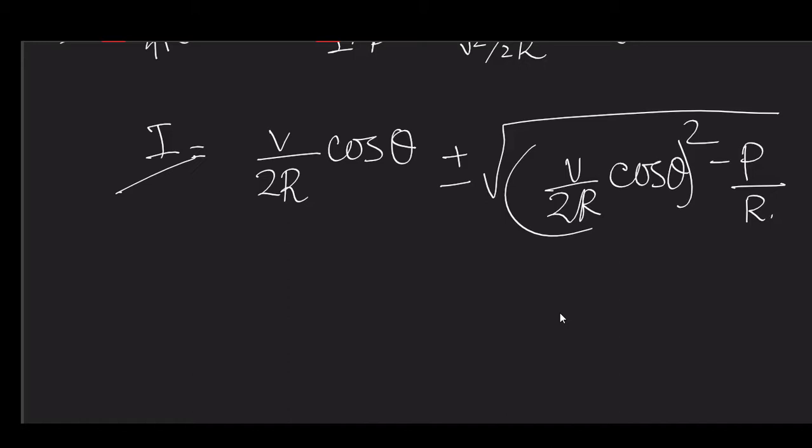V and R will remain constant. Now the value of current clearly indicates that this value of cos theta has a huge control over the value of current. So if you make cos theta equal to 0, then you are going to get a very high value of current from that.